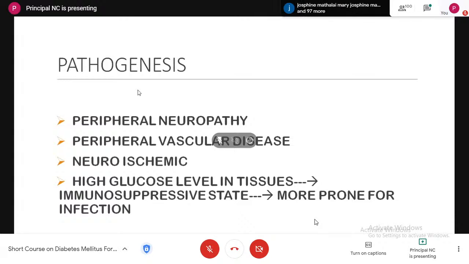Their immunity will be very low. The neutrophils and other leukocytes never come into action to destroy the bacteria. Ultimately the bacteria will proliferate and cause damage. So these diabetes patients, because of a high glucose level, become immunosuppressive and are more prone to infection.